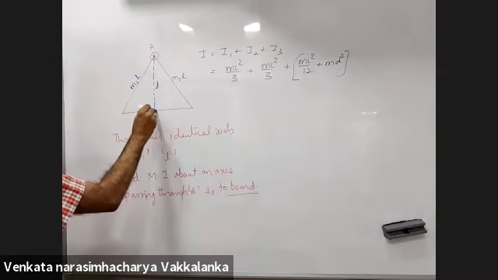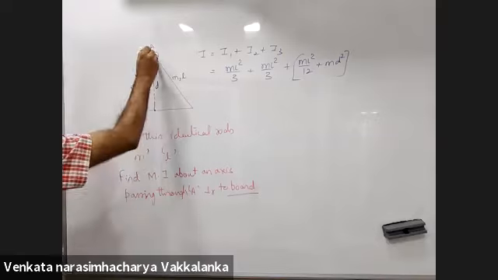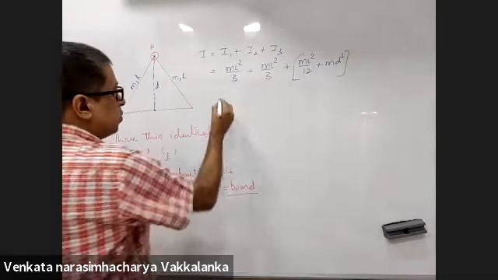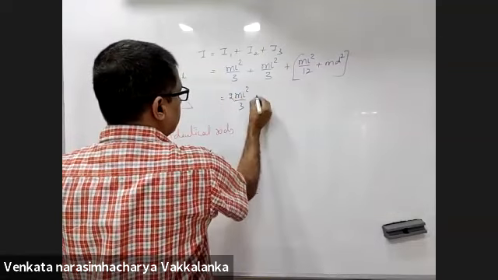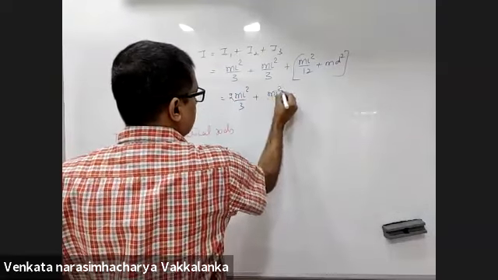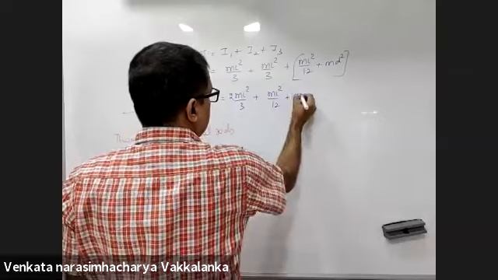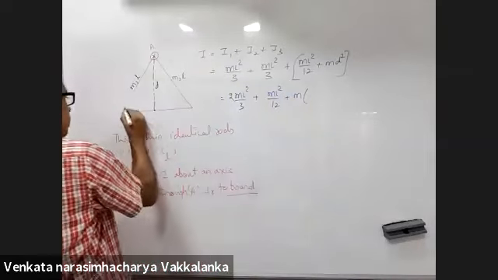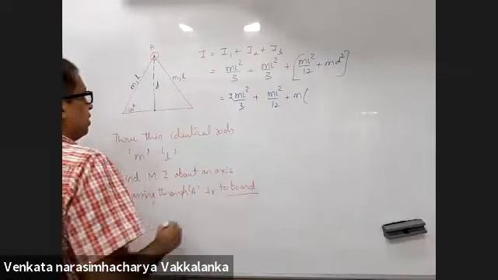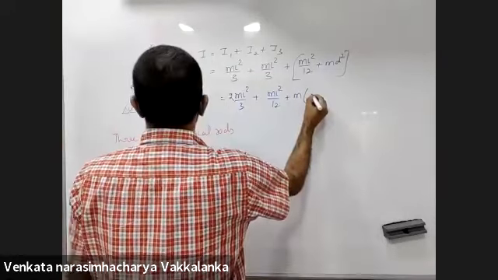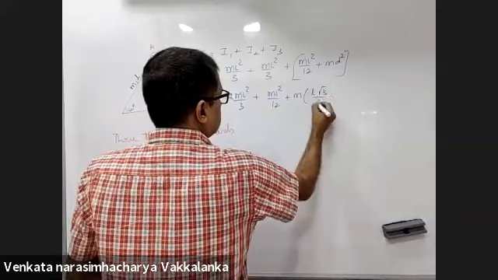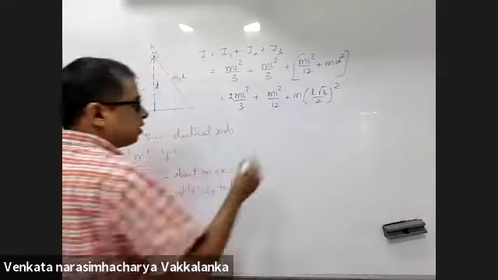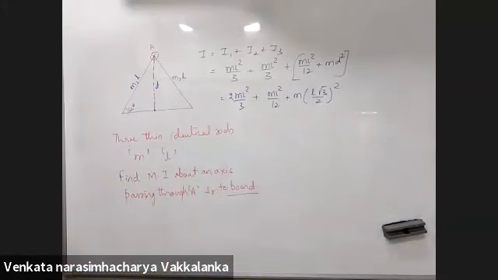This will be ml square by 12 plus m d square. So ml square by 3 plus ml square by 12 plus m into this distance squared, by 4, at 60 degrees: L sine 60 is L root 3 by 2, whole square. The sum of these three is my answer.